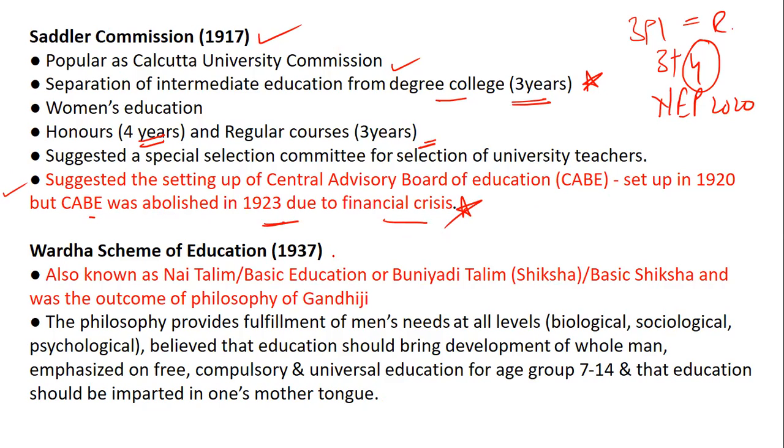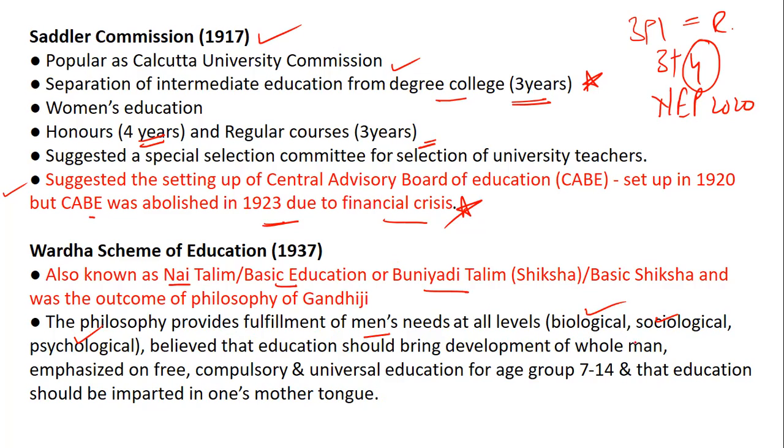Now, when we talk about the Wardha Scheme of Education, which is called Nai Talim or Basic Education or Buniyadi Talim, the philosophy provides fulfillment of man's needs at all levels.